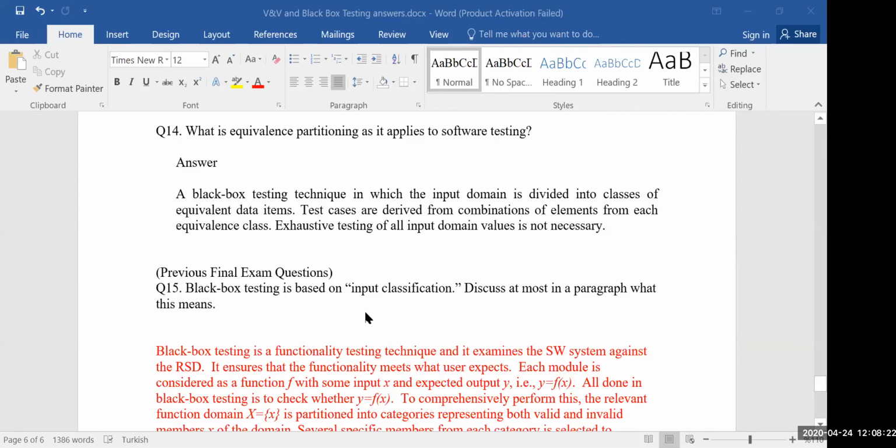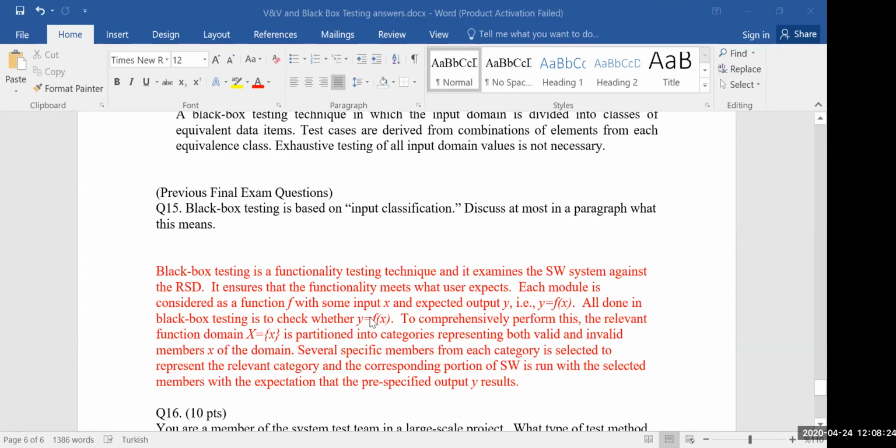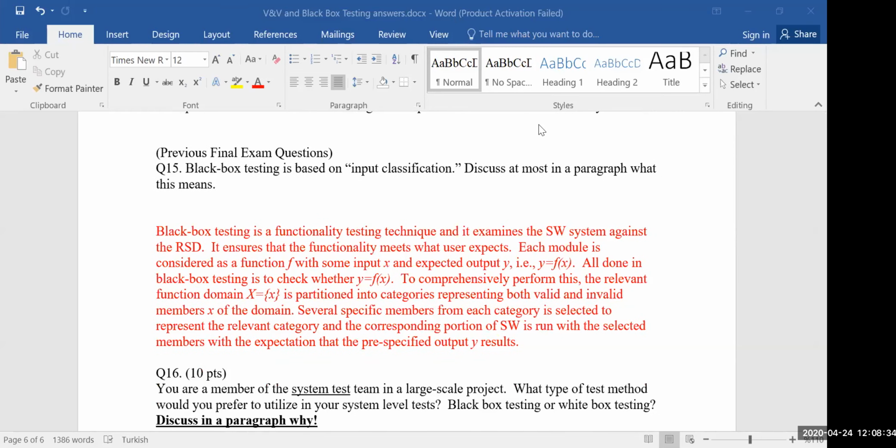Let's continue. Question number 15. Black box testing is based on input classification. Discuss in at most a paragraph what this means. Black box testing is a functionality testing technique, and it examines the software system against requirement specification documents.